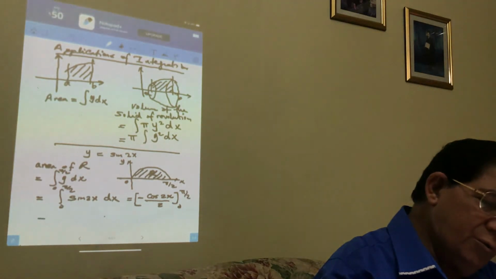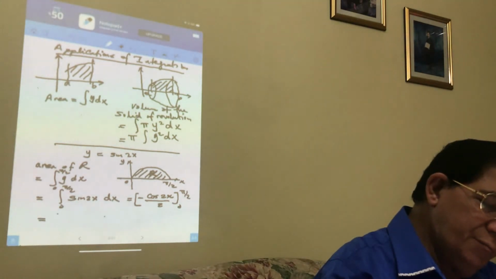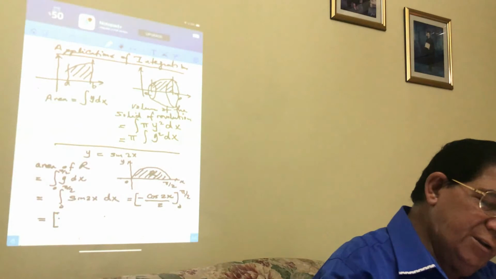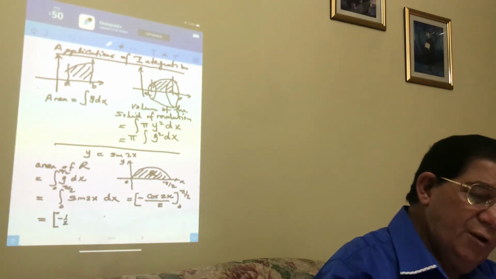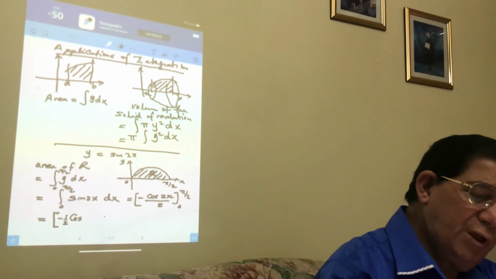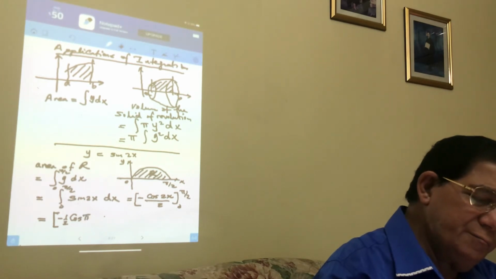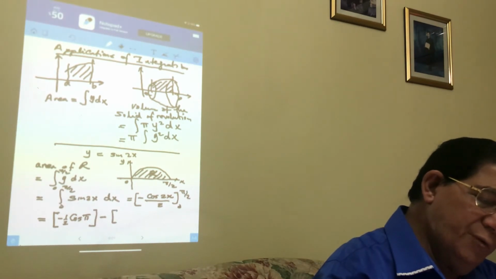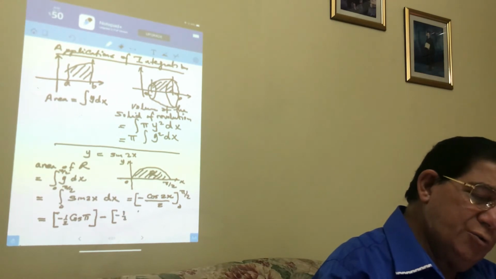This is equal to negative half cosine of 2 times pi over 2, which is cosine pi, minus, we substitute 0, negative half cosine 0.